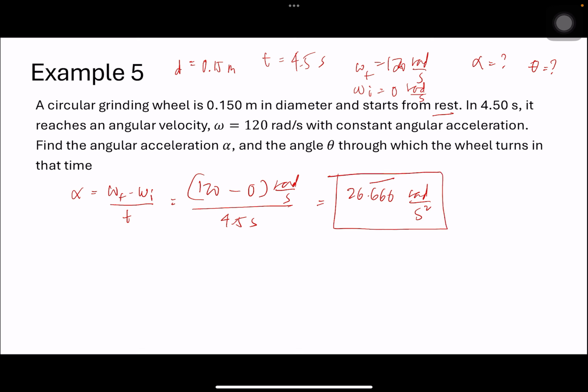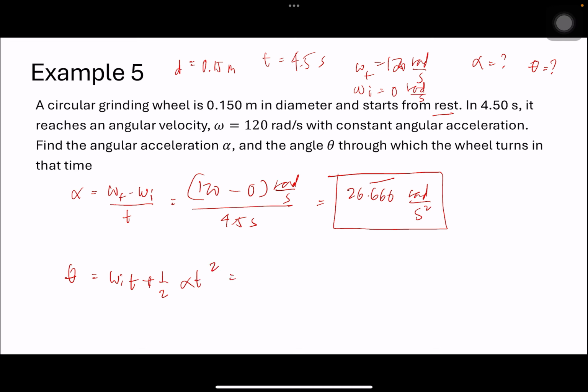In getting the angular displacement, we can use the third rotational kinematic equation: initial angular velocity times time plus 1/2 angular acceleration times time squared.